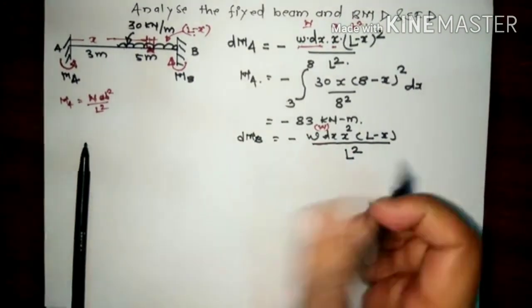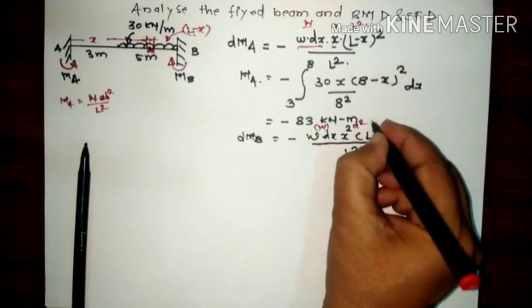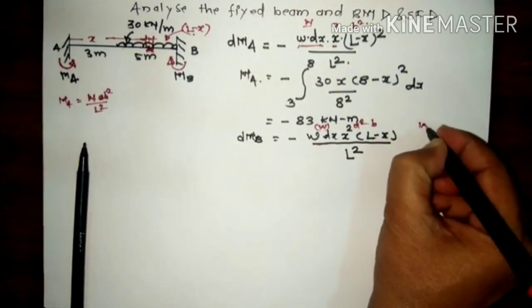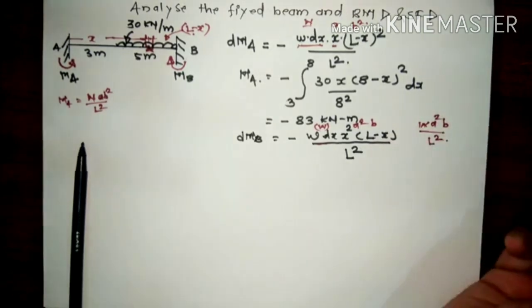So here this x square is nothing but a square and this L minus x is b. So the formula becomes W a square b by L square.